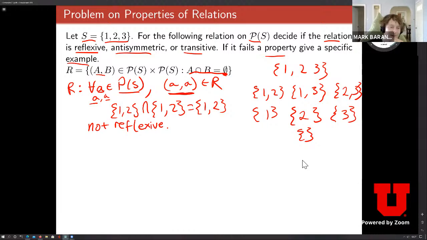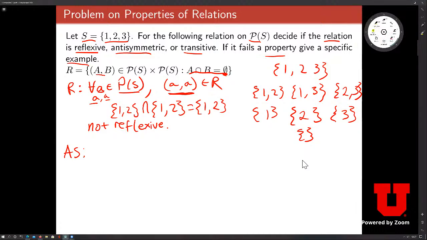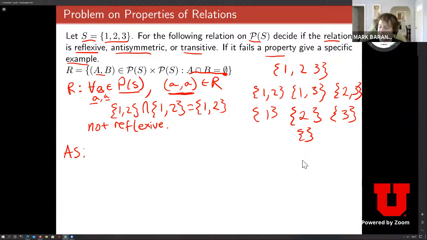Okay, so let's do antisymmetric. Can someone give me that definition? If A maps to B, then B doesn't map to A. Right, if they are not the same element. So we allow a self loop, right?